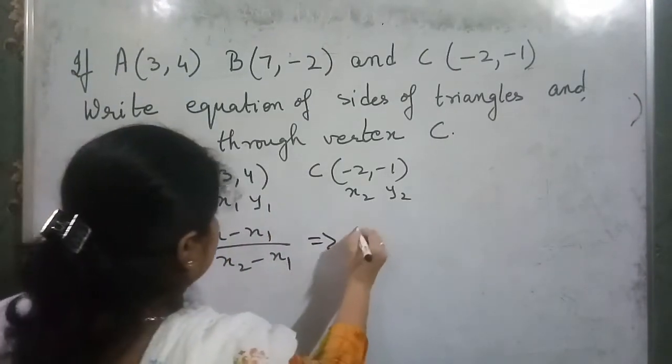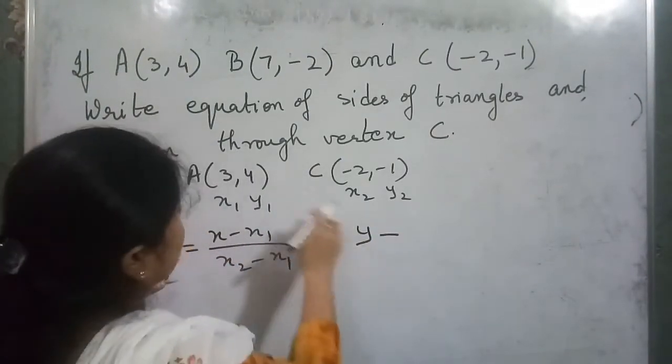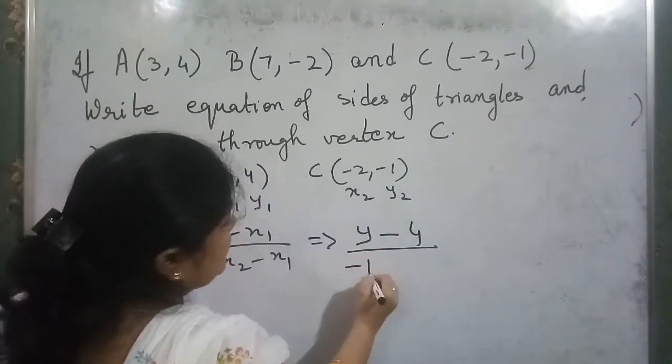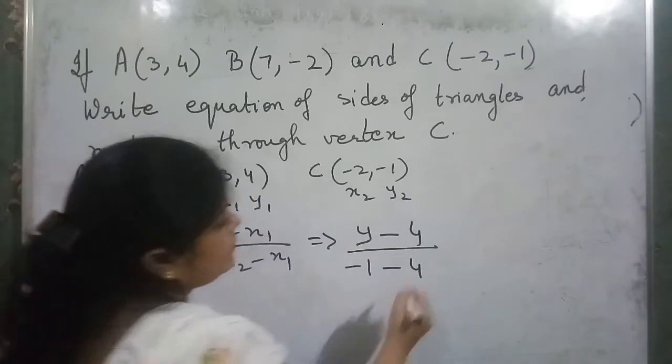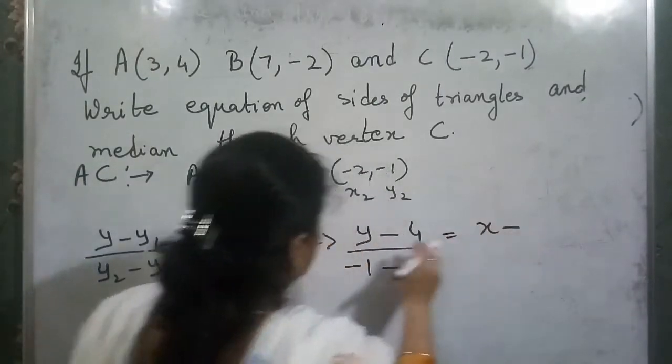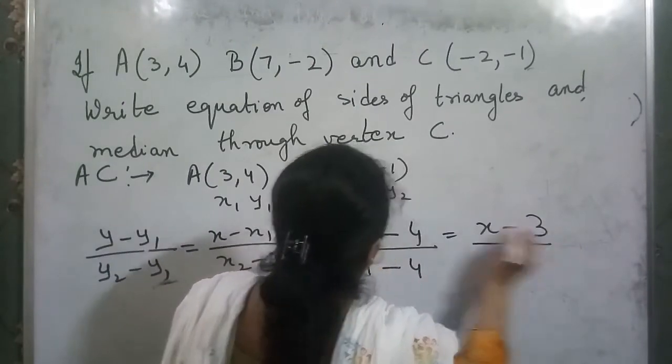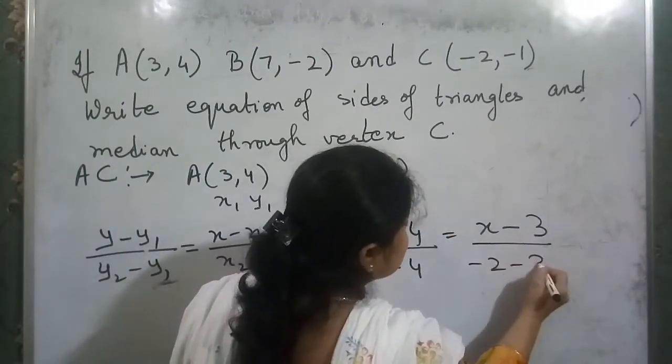Now see here, y minus y1, that is 4. Then y2 minus 4, that is minus 1 minus 4. Now x minus x1, x1 is 3. And x2 minus 3, that is minus 2 minus 3.